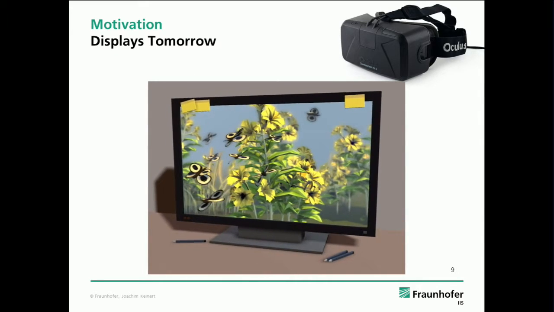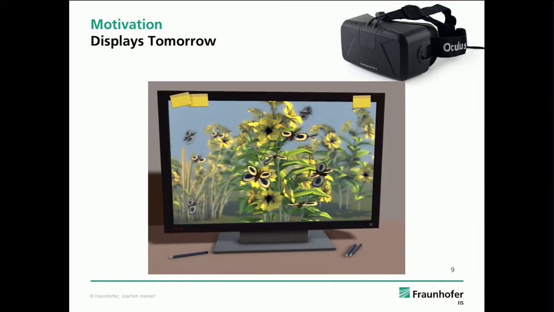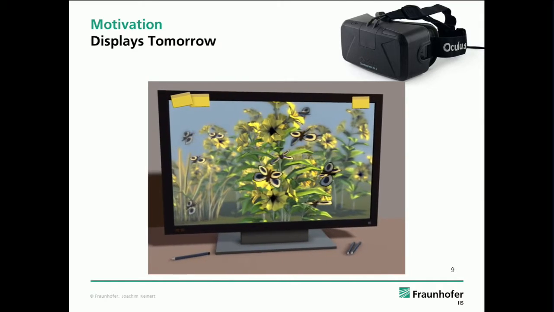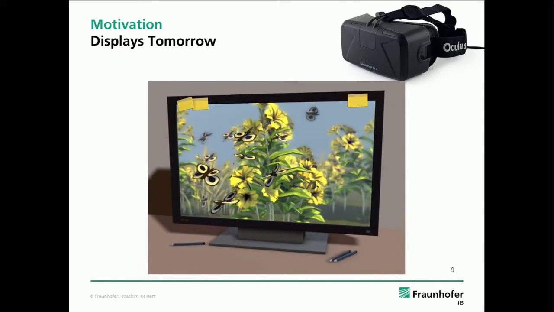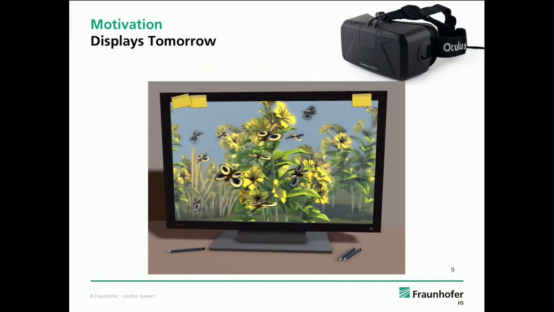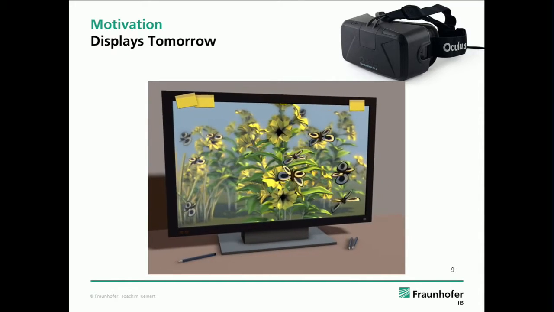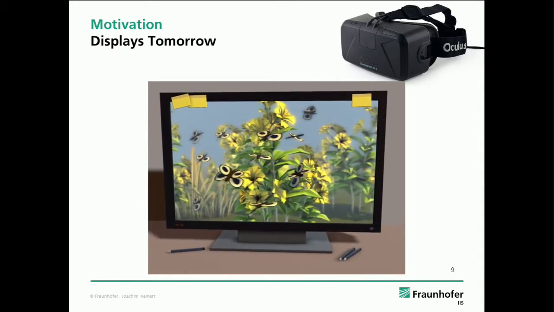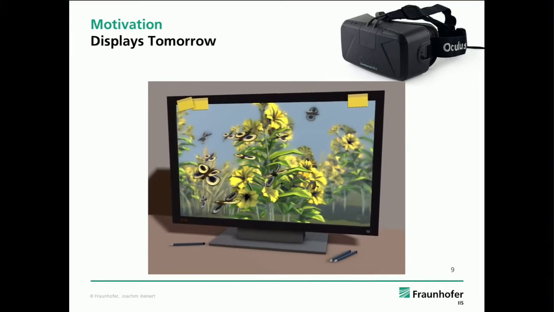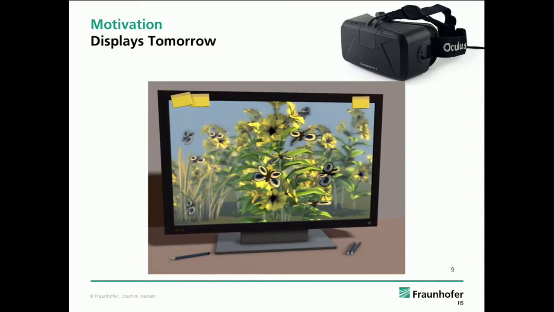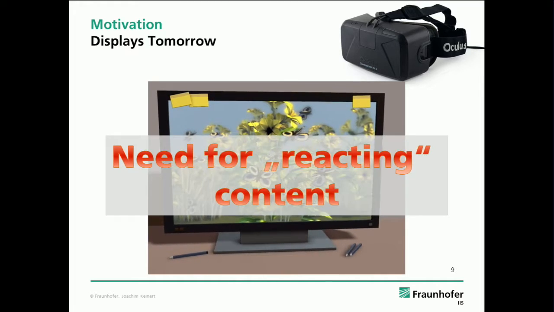So at the end, of course, we do not want only VR glasses looking 360 degrees around. We also want to have 6 degrees of freedom, means moving the head to the left and to the right, and having a real impression of being in the real world.